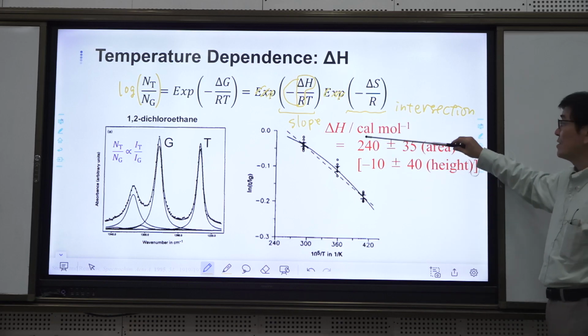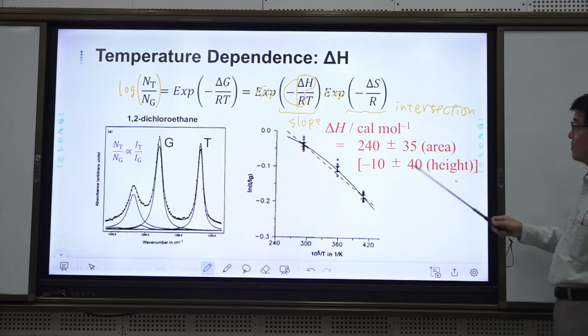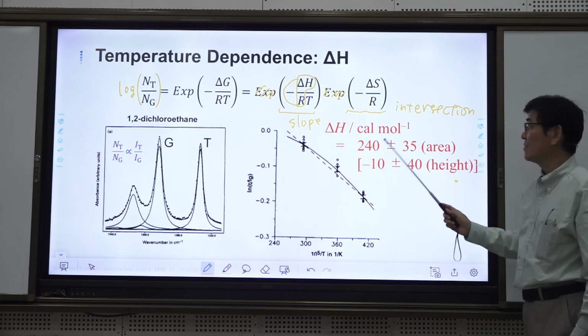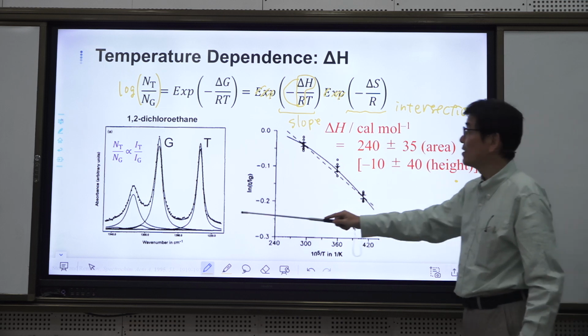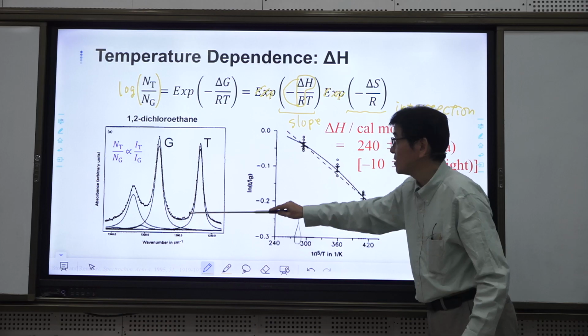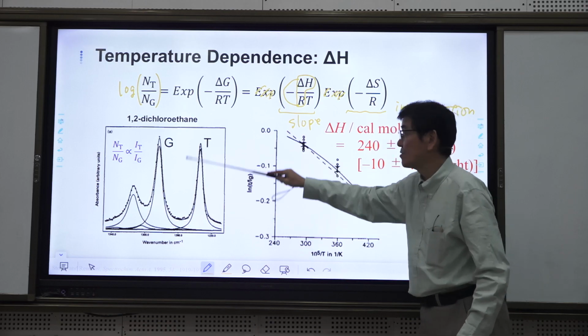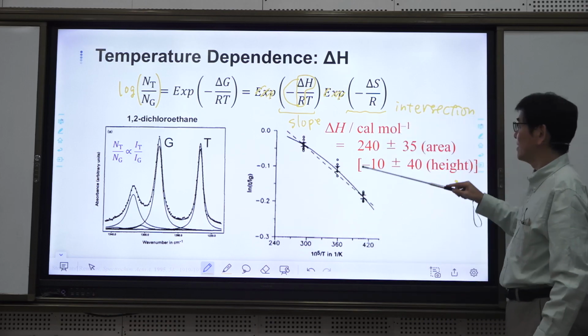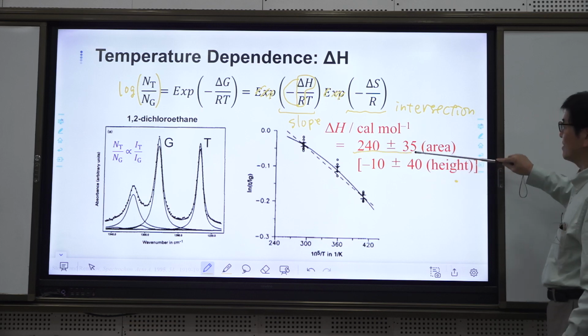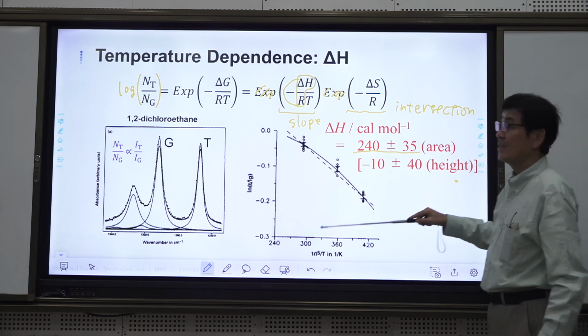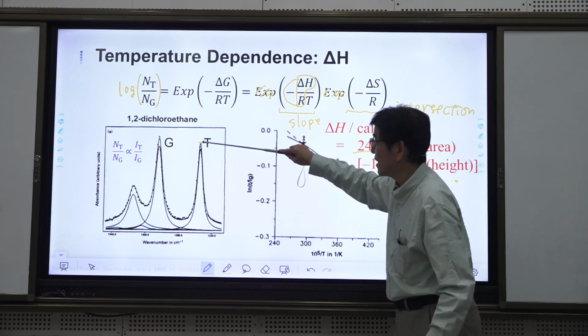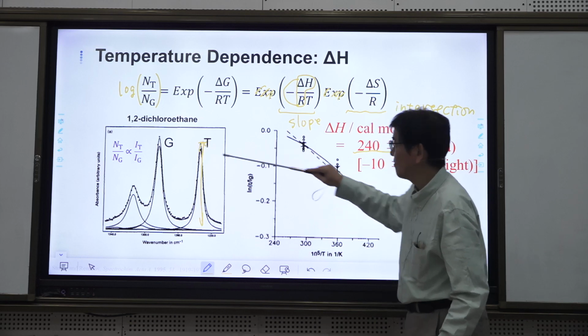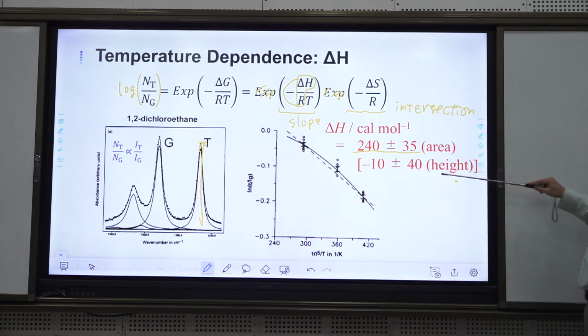And it is derived to be this number. So they insist that when they estimate the population from the peak area, the number is this value, delta H is this value. If they only check the peak height, the number is somehow different.